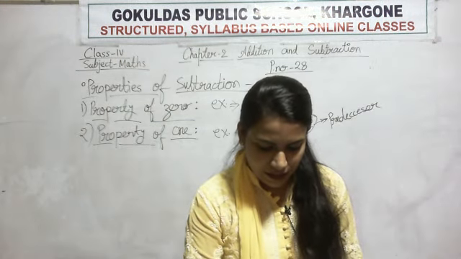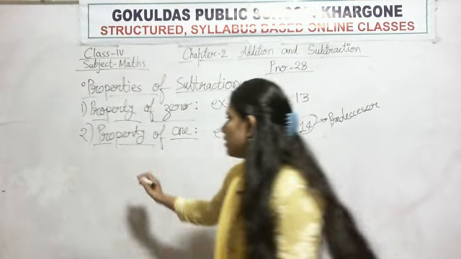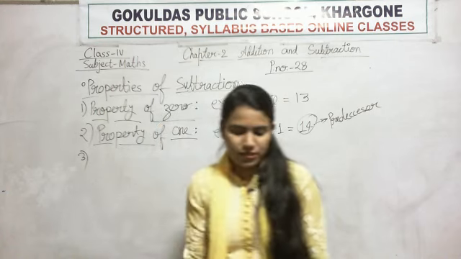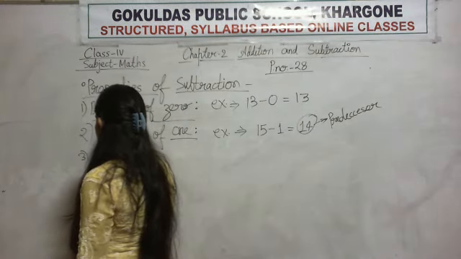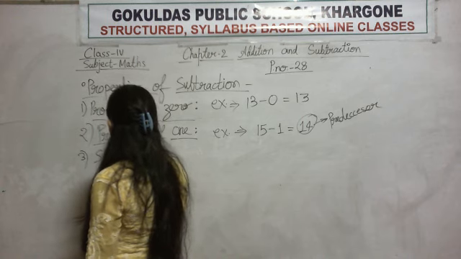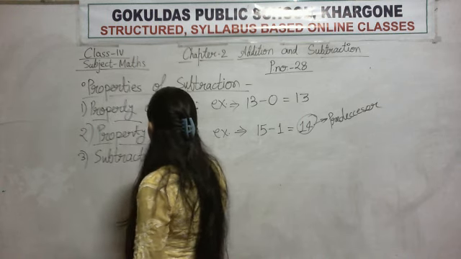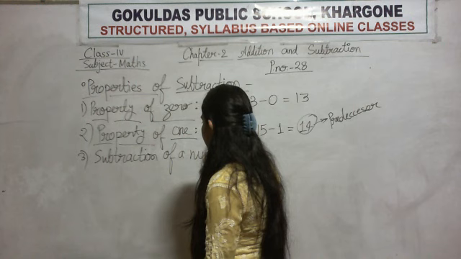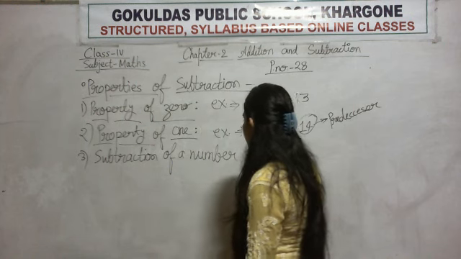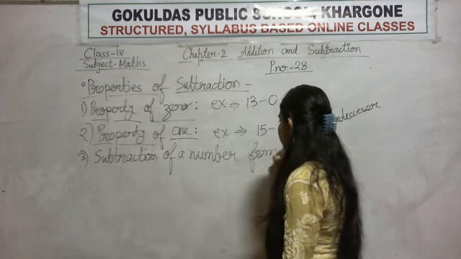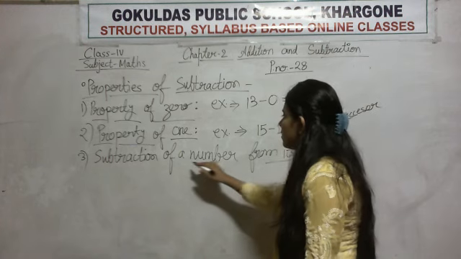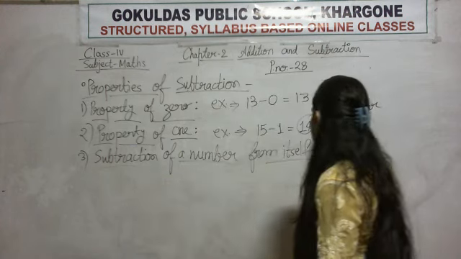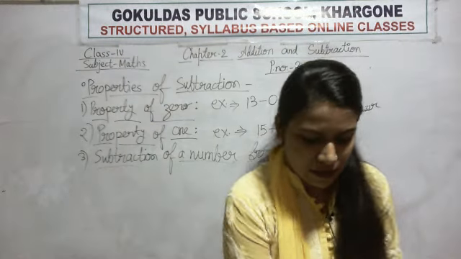Let's discuss the last property of subtraction, that is subtraction of a number from itself. Now what does this property say?